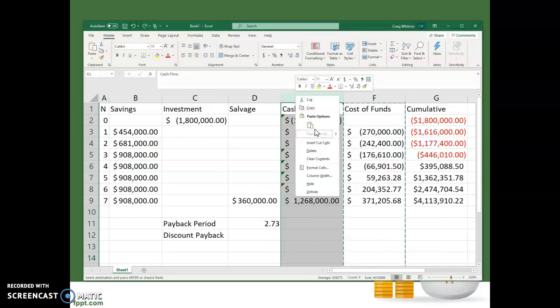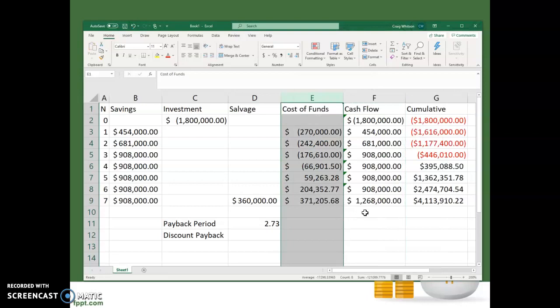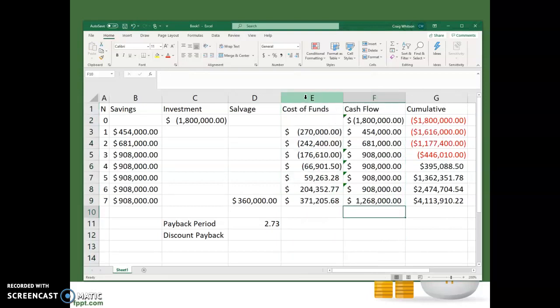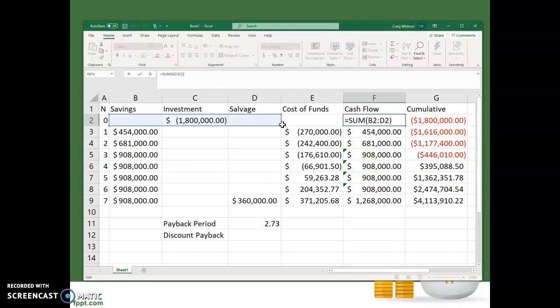No, don't want to do that. Let's, there we go. Insert cut cells. So I cut and insert these cells, and so the cash flow formula, I want to adjust this to include this column E, the cost of funds. Copy that down.